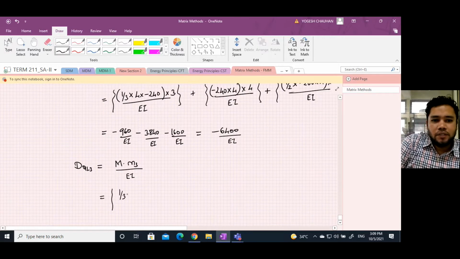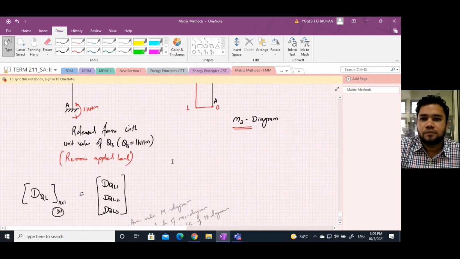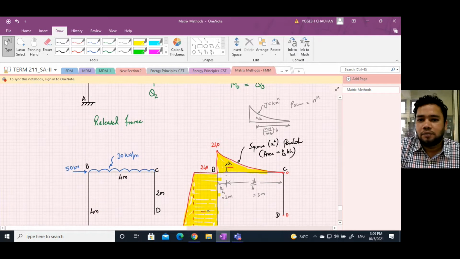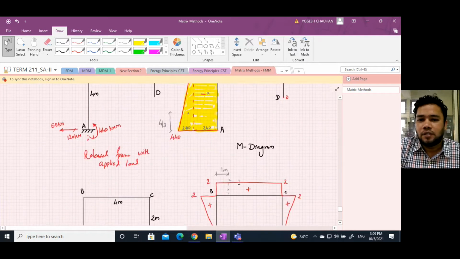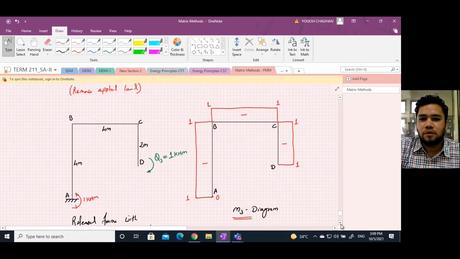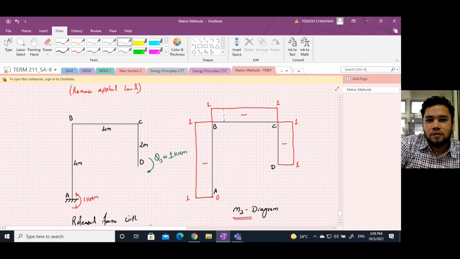So it will be 1 by 3, 4 into minus 240, and the corresponding ordinate in the M3 diagram. So at 3 meter from C, the ordinate in the small M3 diagram is 1 only at 3 meter.